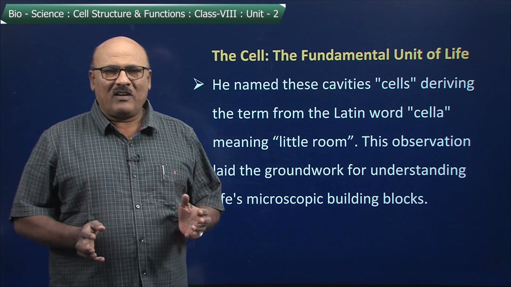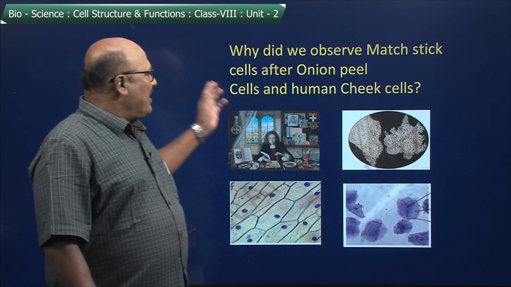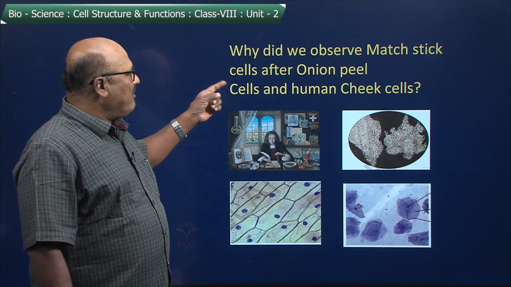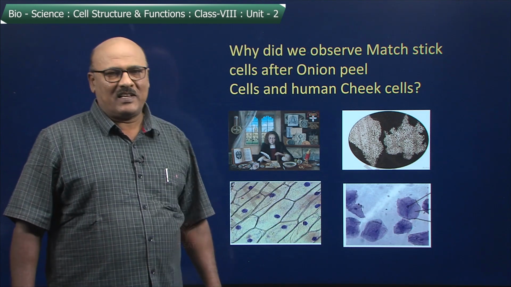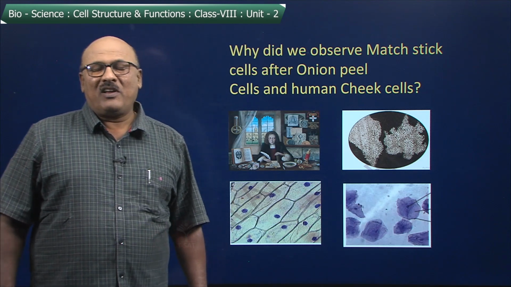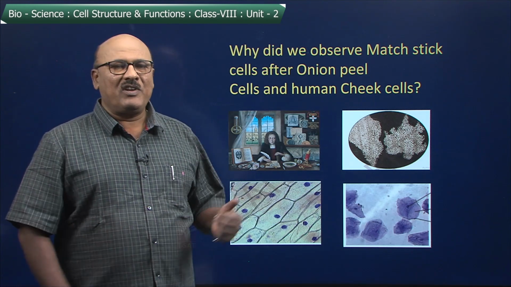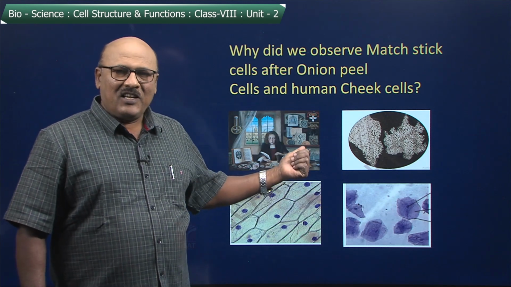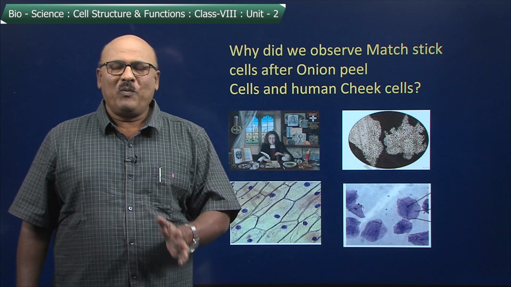But live cells contain different types of substances. Just look here: in the previous class, 8th class, why did we observe matchstick cells, then onion peel cells, and then human cheek cells? Just to recall, we observe these cells gradually. First we observe the matchstick cells, then the onion peel cells, and then the human cheek cells.